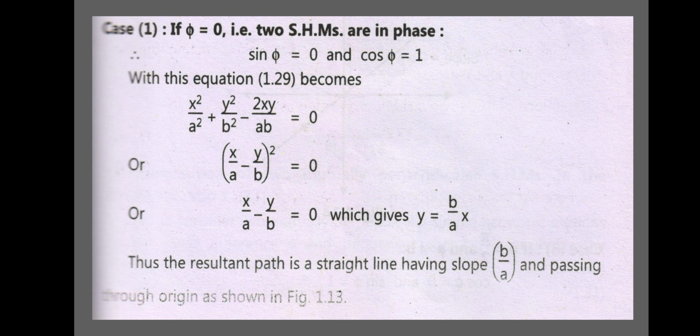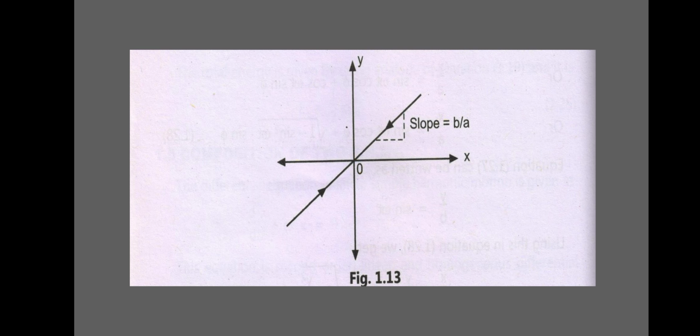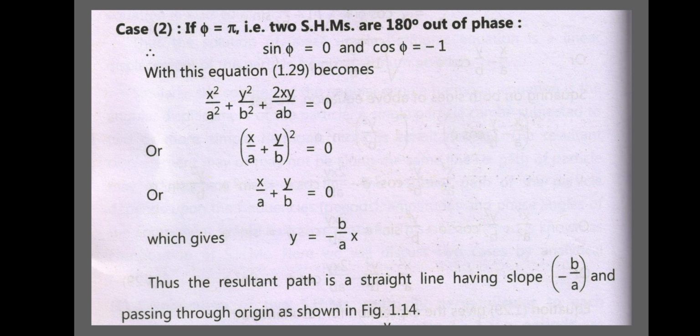Thus the resultant path is a straight line having positive slope b/a and passing through the origin as shown in figure. Now from the figure we see that the path is a straight line having positive slope b/a and passing through the origin.